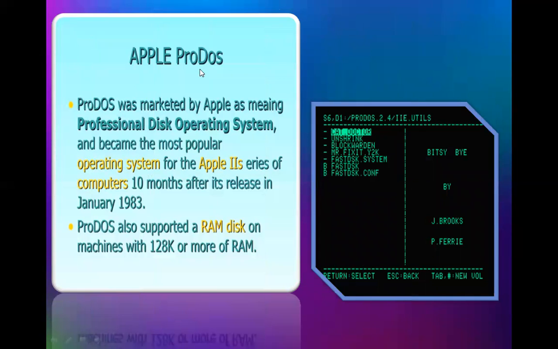ProDOS operating system also used a menu-driven interface. This is the interface of the ProDOS operating system, and it is just like a menu-driven interface. The full form of ProDOS is Professional Disk Operating System, and this type of operating system was developed for Apple computers and became the most popular operating system for the Apple II series.